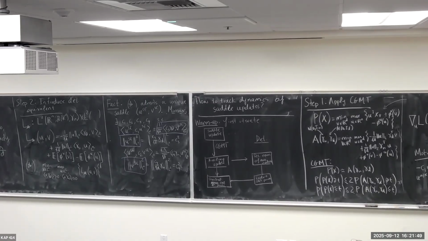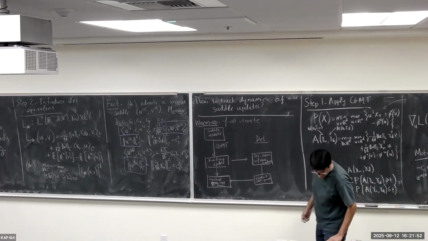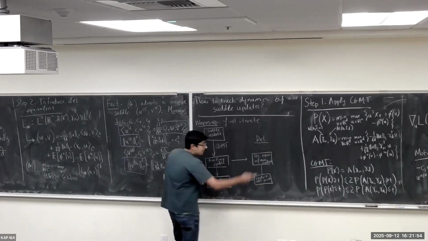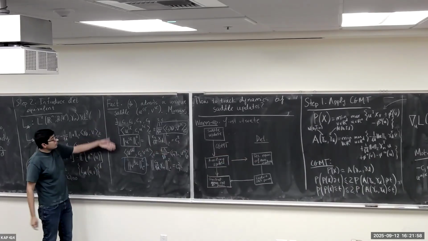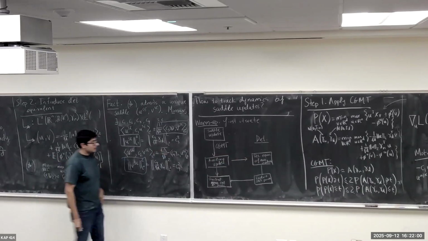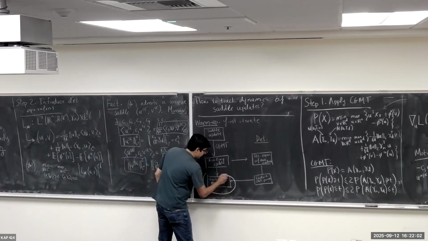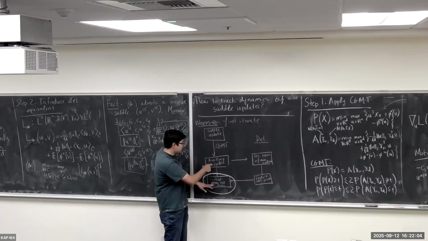Now, the claim is that the stationary point that we just constructed, where we plugged in from this deterministic guy, is going to be an approximate stationary point for this auxiliary update.